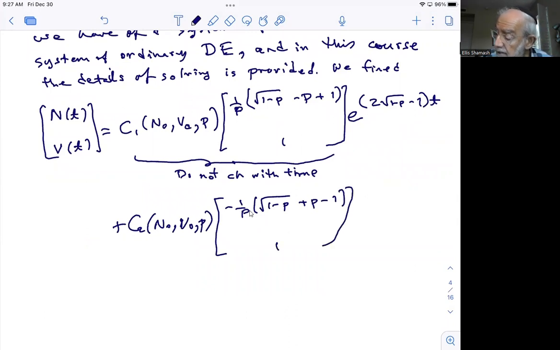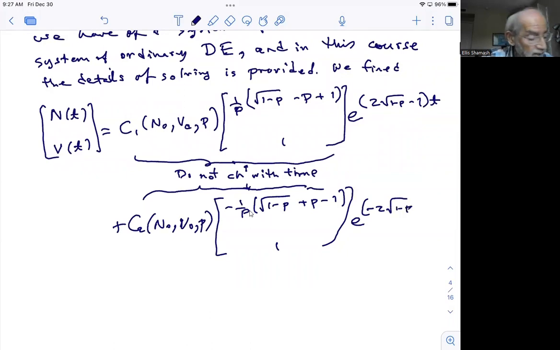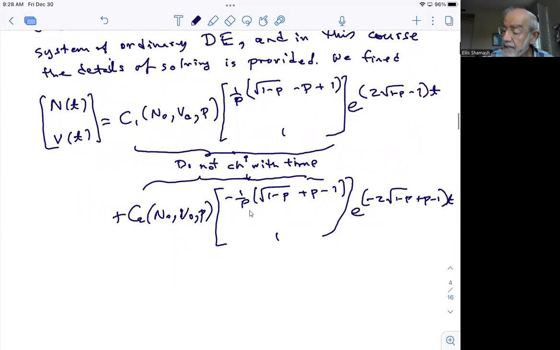And again, 1 down here. And again, this term is also not a function of time. And then a term that does change with time in a different way, but also a function of just that p number. Right? So we get all of that from being able to solve these differential equations.